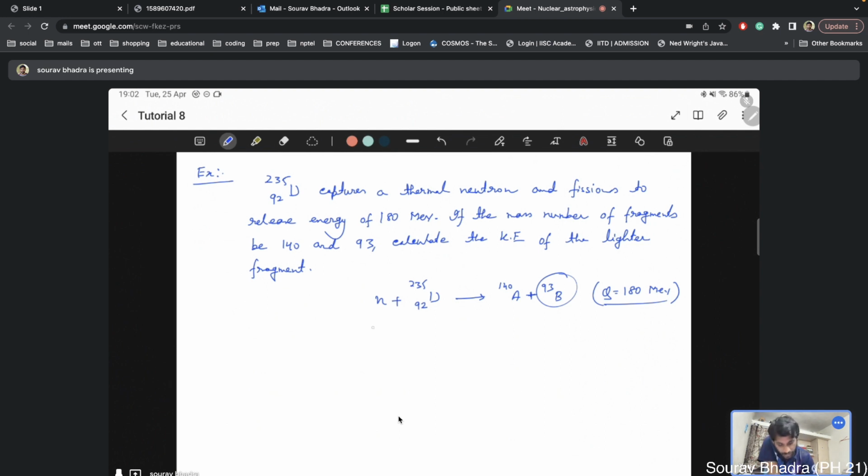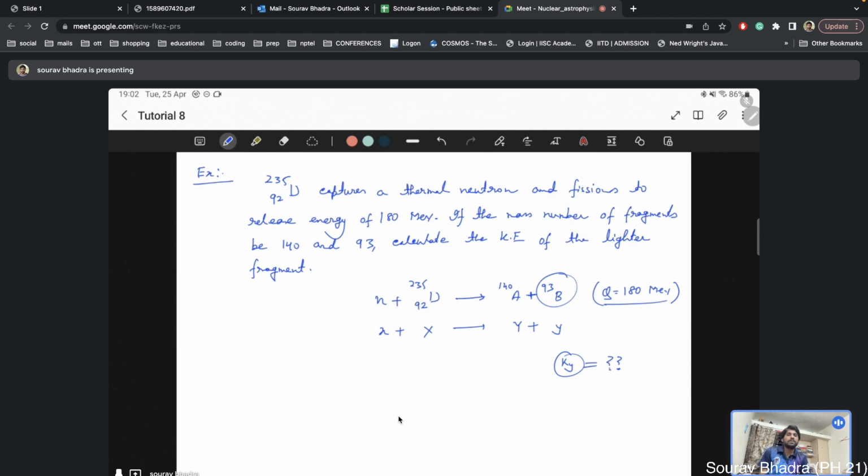Again, if we compare it with our theory, the lighter element we have written as small y, and the heavier as capital Y. So this is the reaction, and we have to calculate the kinetic energy of the lighter element, that means Ky. We have to calculate what is the value of Ky.